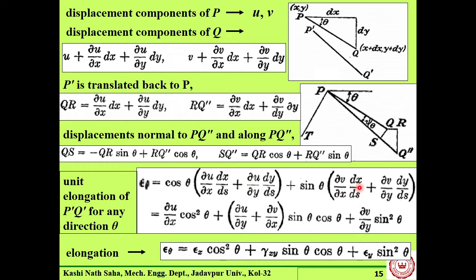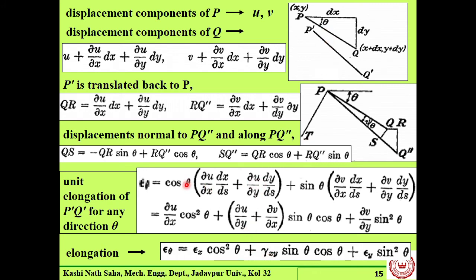Now what? What is dx by ds? If this is ds, dx is ds cos theta. So dx by ds is cos theta. Clear? This is our cos square theta into del u del x. What is this? dy by ds is sin theta.